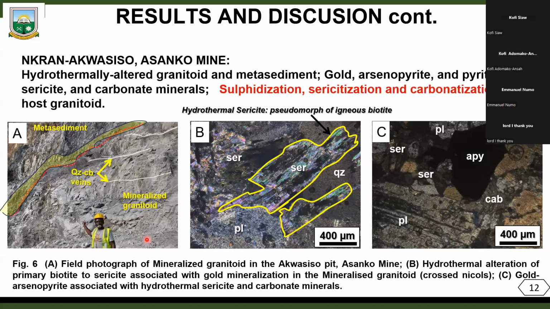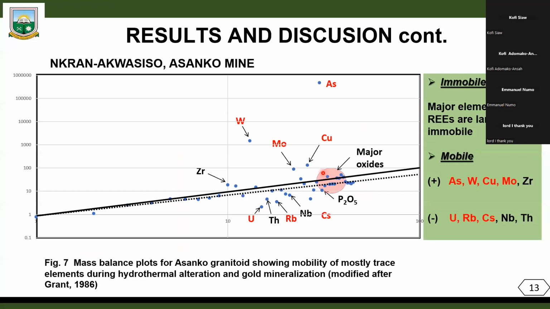and this is for the Nkran deposit, where we try to understand the distribution of elements within the altered zones of the granitic rock, and to understand whether these can also be used as indicators for an intrusion-related system.